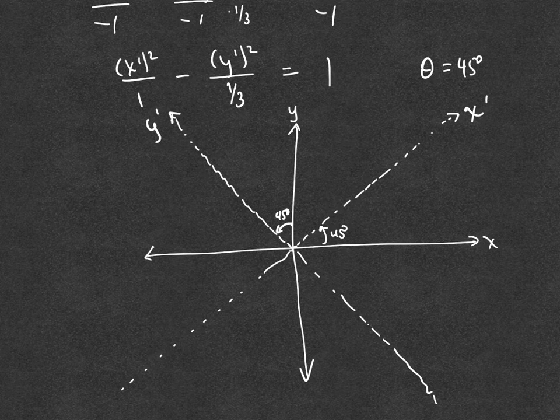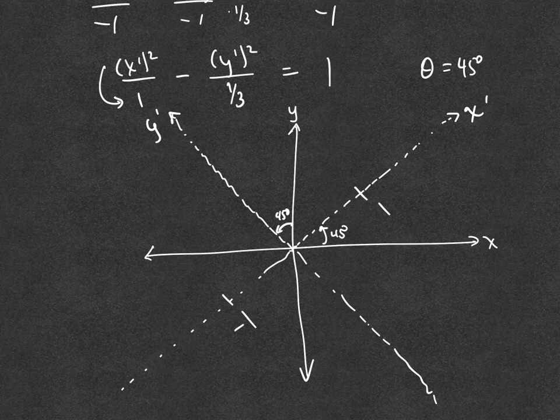All right, and now we can graph our hyperbola. The number under the x's is a 1, so we take the square root. The square root of 1 is 1. So what we need to do is go in the positive direction 1, and in the negative direction 1 on the x primed axis.